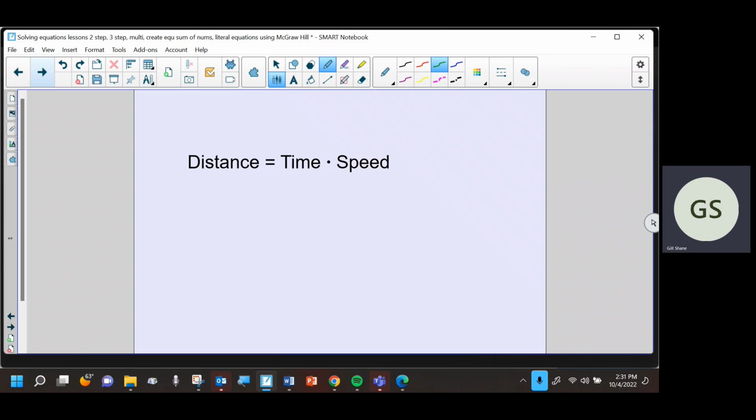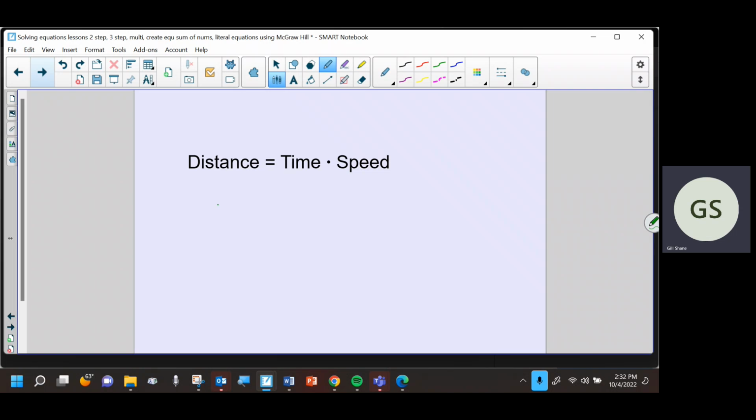When you go on a trip and you look up something and it's telling you how far you're going to go or how much time it's going to take to get there, there's a formula for distance. And the formula is distance equals the amount of time you travel times the speed you travel. So if you drive 60 miles an hour and you drive for 3 hours, you would say 60 times 3.